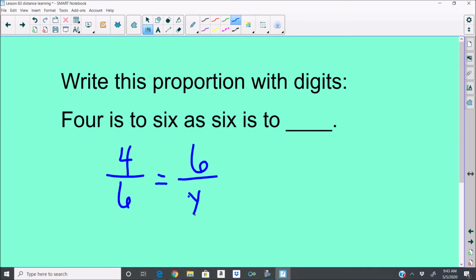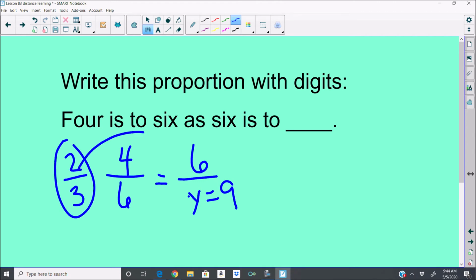And we can't do that here. But we know that an equivalent fraction for 4/6 would be 2/3, right? If I reduce that, now I can deal with this. 2 times 3 equals 6. So 3 times what number? 3 times 3, excuse me, the y would equal 9. See how I did that? I took this one and worked it into this problem.